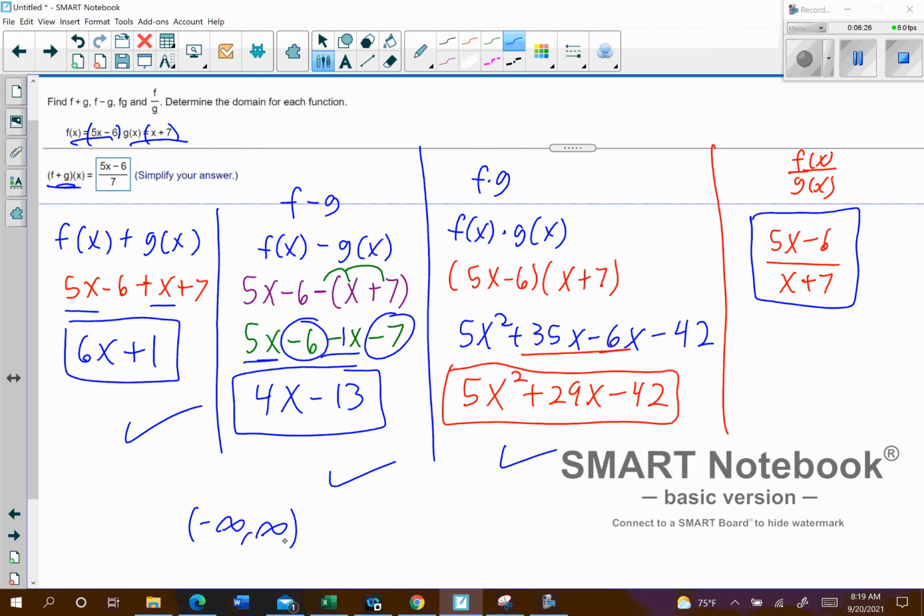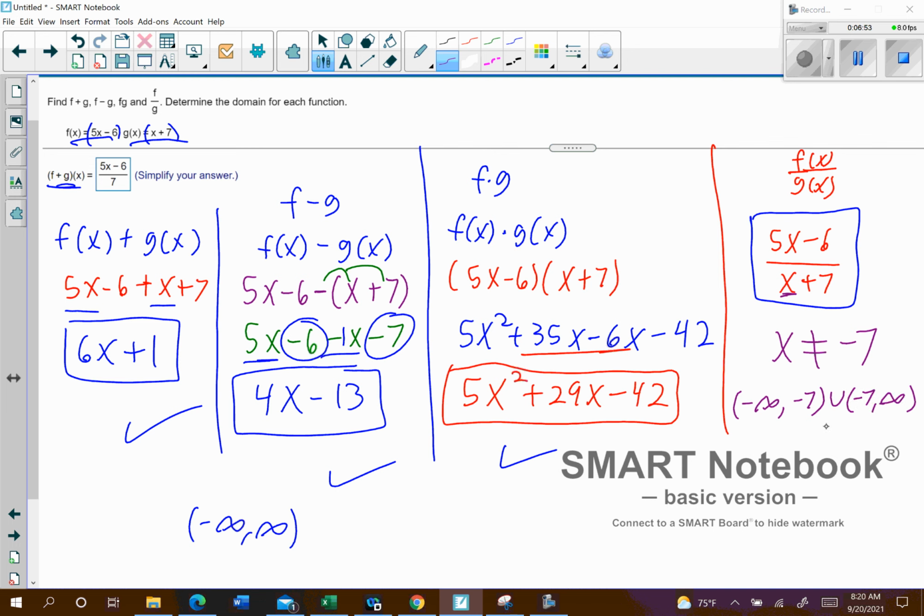But if you look at the last one, x cannot equal negative 7 because that would cause the denominator to be 0 and we can't divide by 0. So the notation for that would be from negative infinity to negative 7, union, from negative 7 to positive infinity.